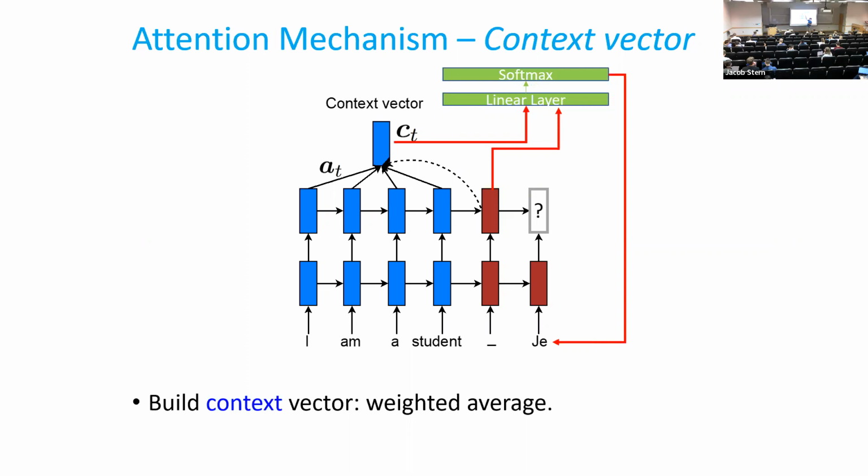You can think of the attention weights as the dot product between the current vector and each of the previous vectors. So we take the dot product between red and token 4, and that gives us a single number. We take the dot product between red and token 3, and that gives us a single number, et cetera, and then we just take that weight and multiply it by that vector in order to get this CT, which is a weighted combination of them.